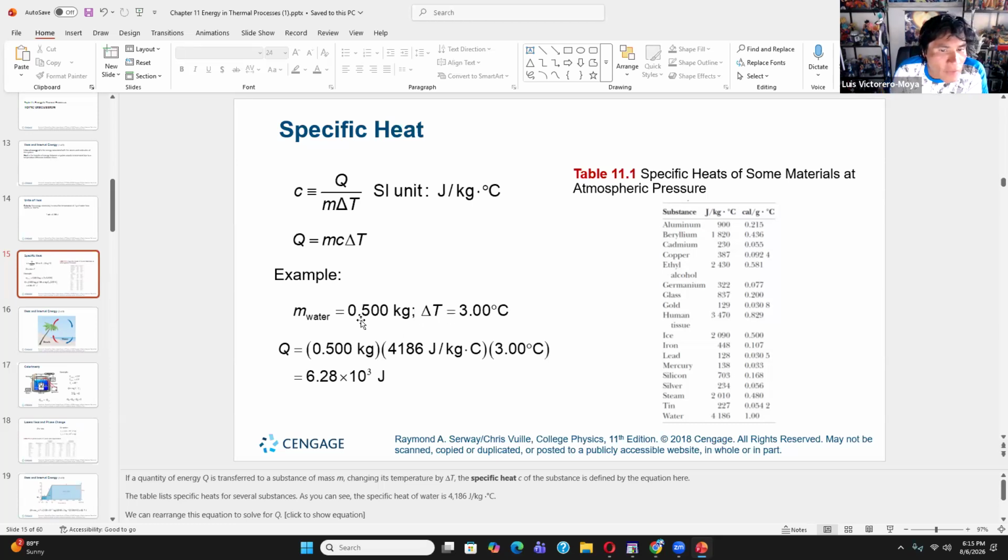Look at this example here. If you have half a kilogram of water and the change in temperature is 3 degrees Celsius, I think I mentioned this yesterday, right? The large specific heat capacity of water makes it so that even though you don't have a lot of mass and the temperature change is just 3 degrees, the amount of energy is 6.28 thousand joules.